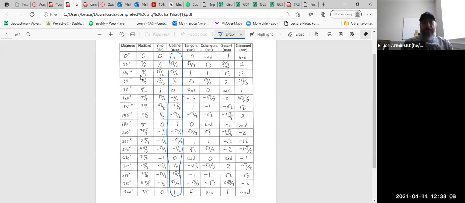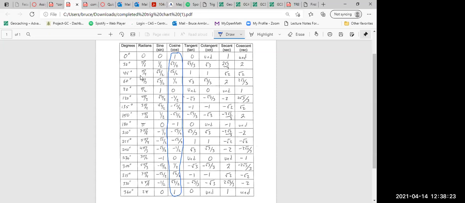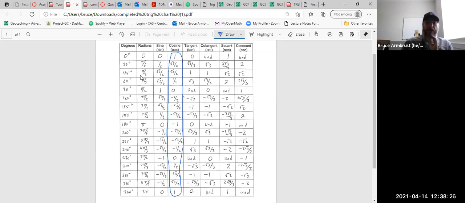All right, so first question is, looking at that list, what's the biggest number you see? What's the biggest number in that column? 1. All right, looks like 1 to me is the biggest as well. 1/2 is definitely not as big as 1. Root 2 over 2, that's like 0.707. Root 3 over 2, I think is like 0.866. But they're not as big as 1. So 1 is definitely the biggest, and then we get some negatives, which are smaller.